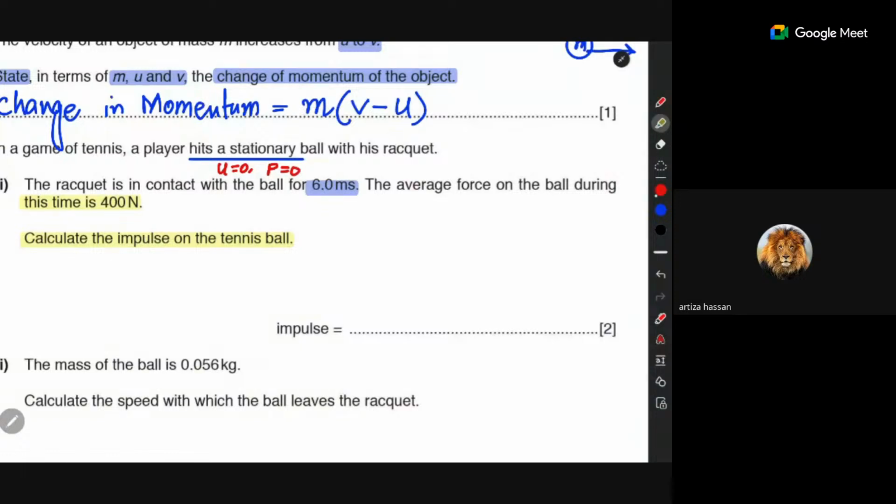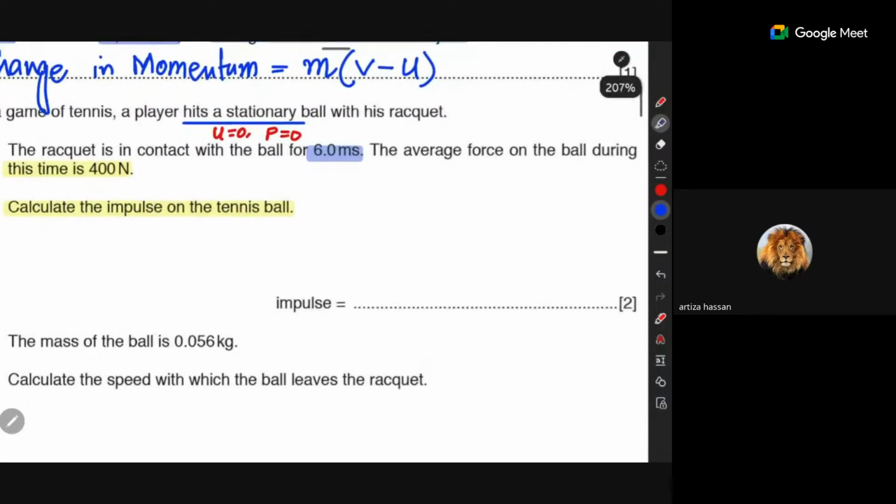So how do we calculate this impulse? I told you about the formula. What was the formula? Tell me the formula for impulse. Sir, mv minus mu. Yes, impulse is basically change in momentum, mv minus mu.